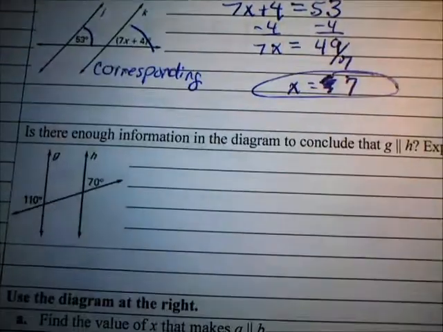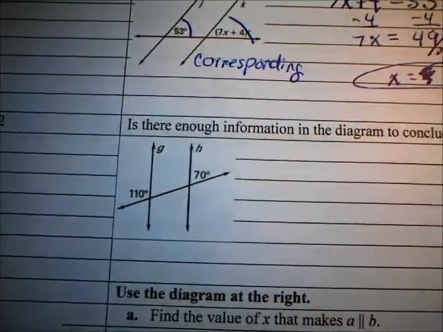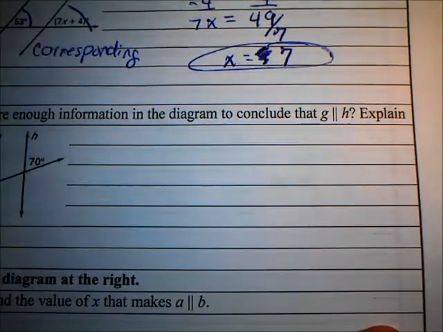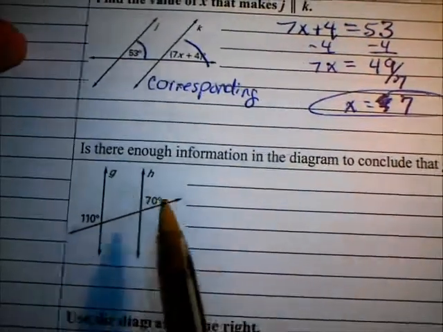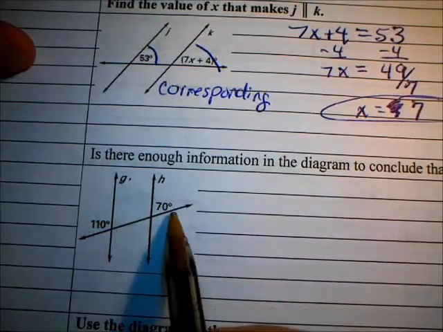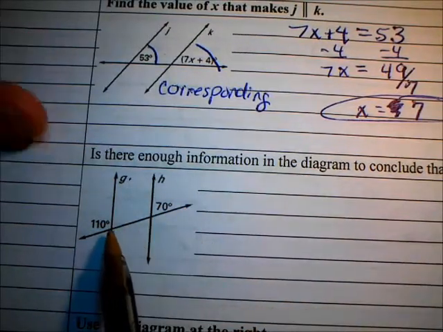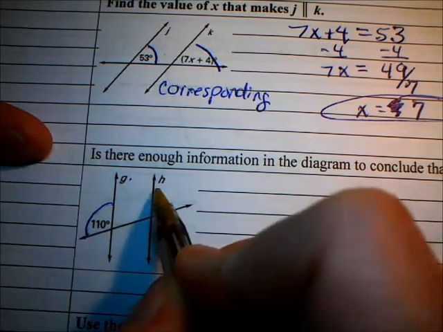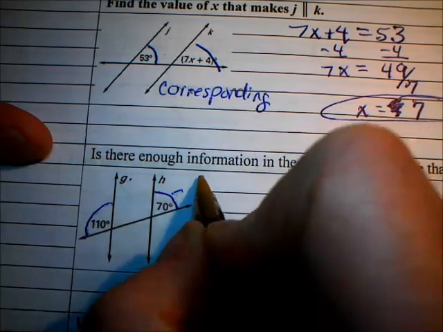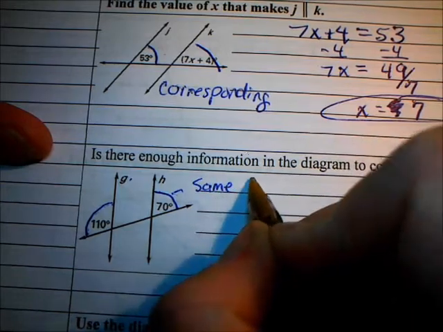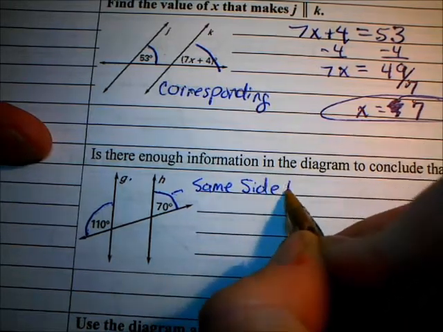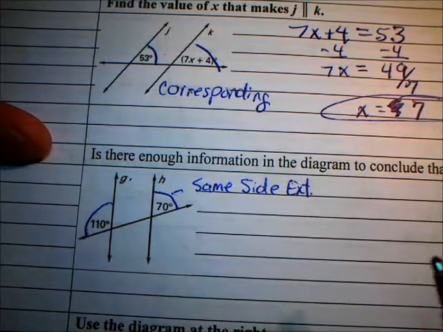Okay, on example 2, it says, is there enough information in the diagram to conclude that G is parallel to H? So I'm looking at what is given to me. I notice I have 110 and a 70, and these are same side exterior angles.